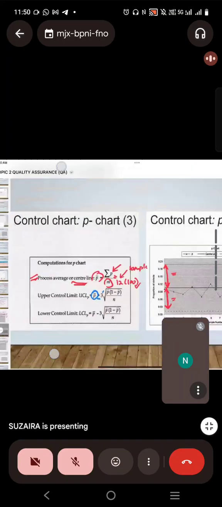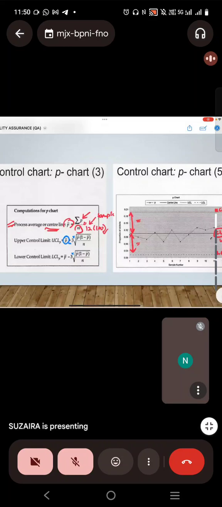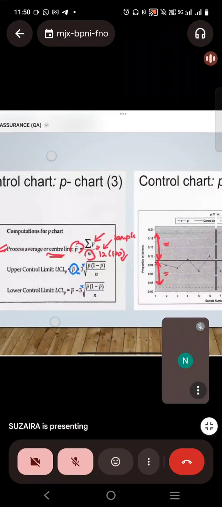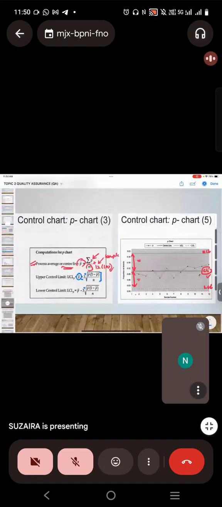Remember, this one is times, not square root 3, it must be times. So set with the rest of this value.